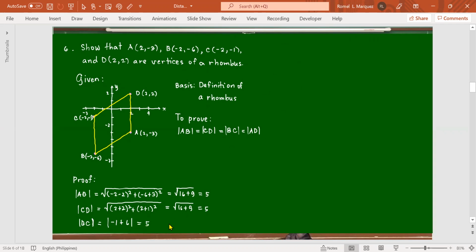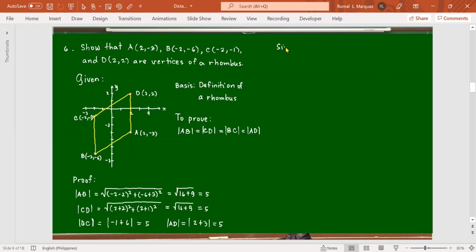The last one, guys, what about AD? Absolute value of 2 minus -3. So that is also 5, right?